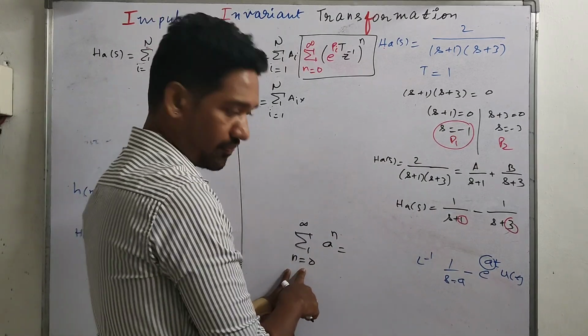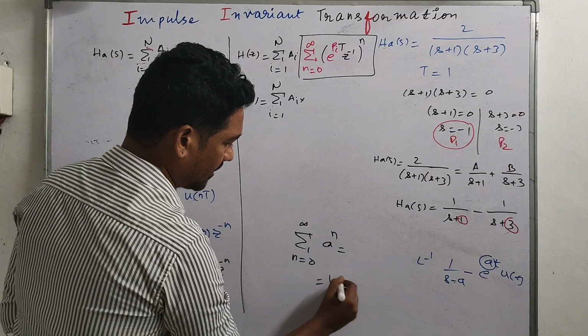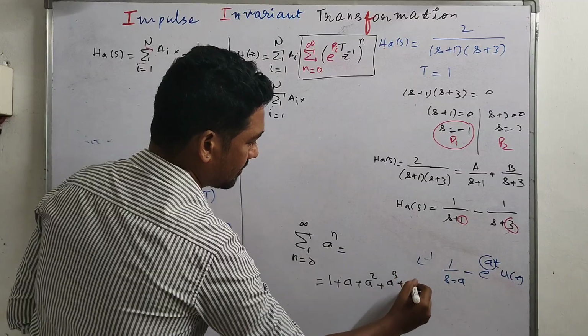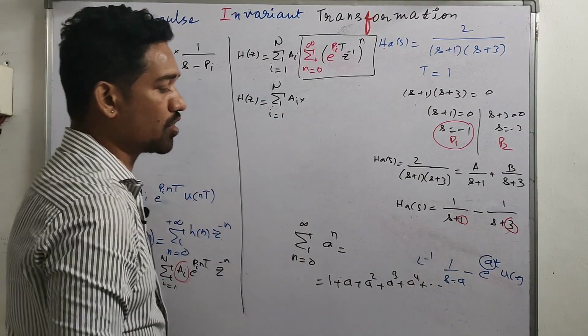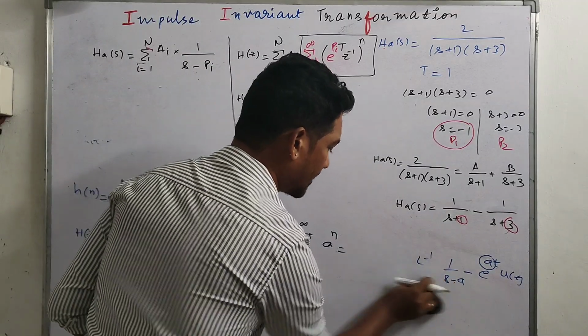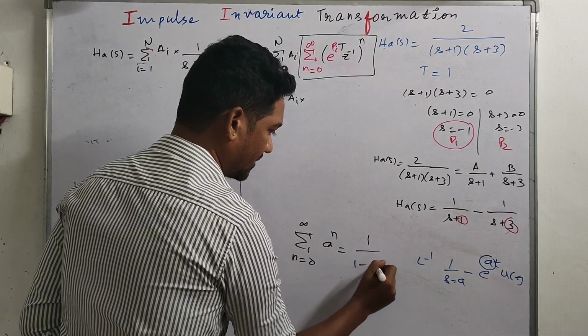It's a geometric series. If we expand this one, what do we have? a raised to 0, that will be 1, plus a square plus a cube plus a raised to 4, etc., to infinity. It's a geometric series with infinite duration, and the answer for this one is 1 upon 1 minus a.